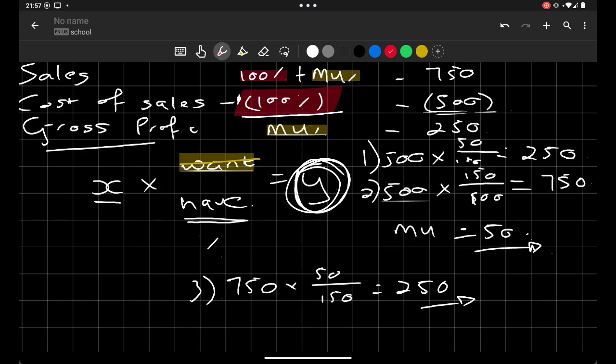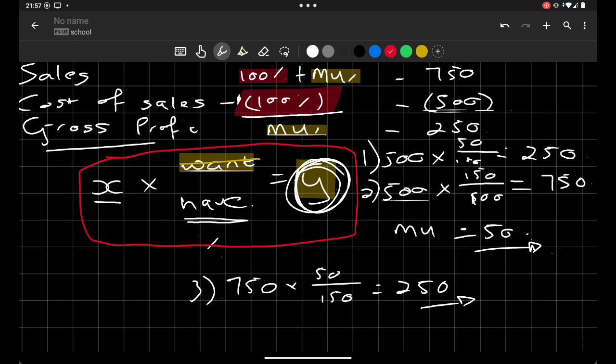This formula is very, very important. Of course, when you get to the exam, you won't write this all out, what I want and what I have. In your head, you automatically understand that if you want the gross profit and you've given me my sales, without giving me my cost of sales, I can get to that answer.